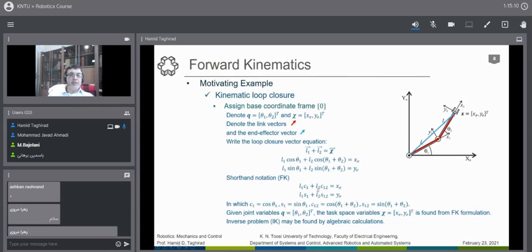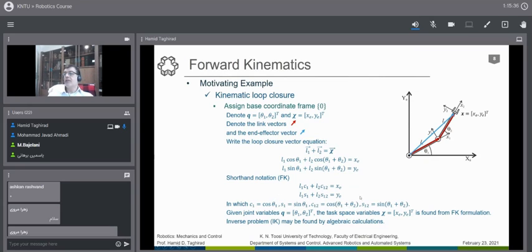Let's say C1 is the angle 1 or C theta 1, and S1 is the sine of theta 1. And S12 is theta 1 plus theta 2. That's it. And this is a shorthand notation, quite compact and very simple.